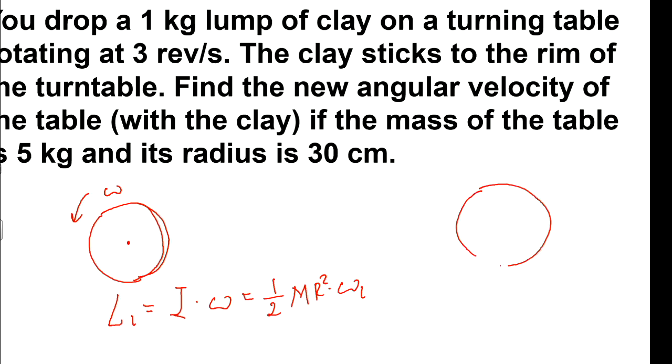Now, in this situation, we actually put it here. Could have been a different distance, doesn't really matter mathematically. And we saw it will slow down. The final is not equal to initial.